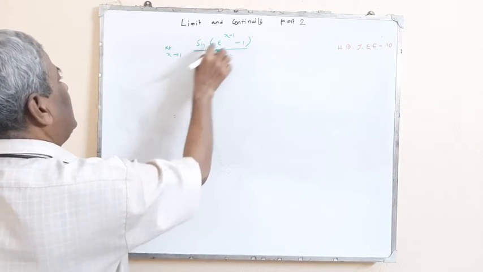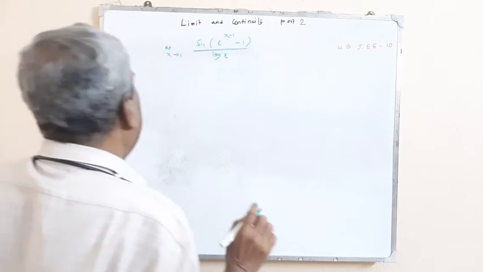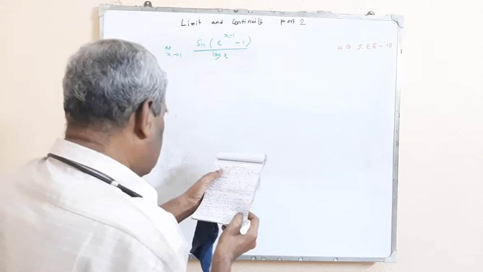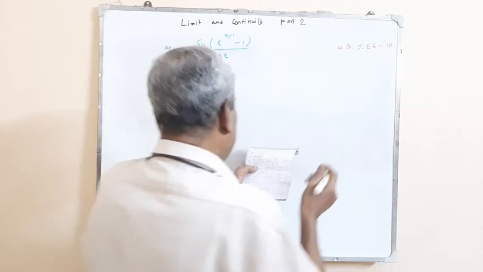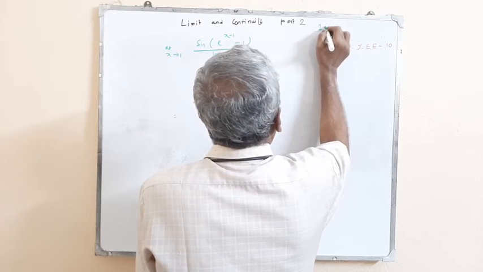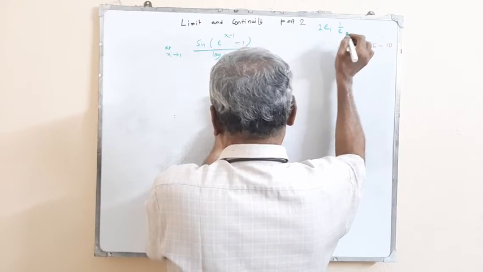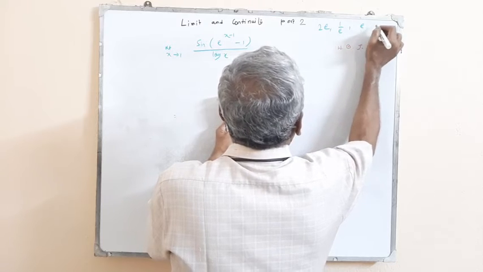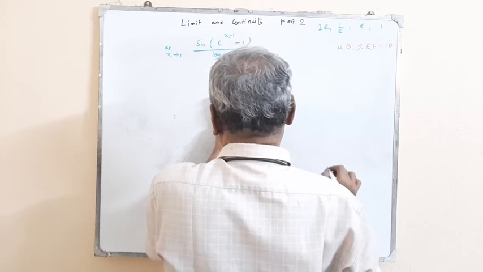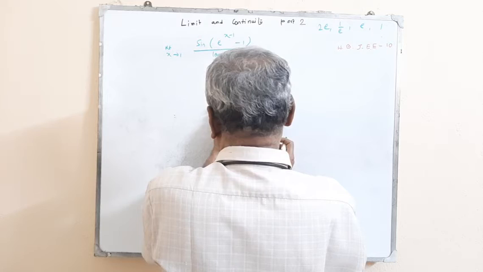Limit x tends to 1, this by that. And its options are 2e, 1 by e, e and 1.